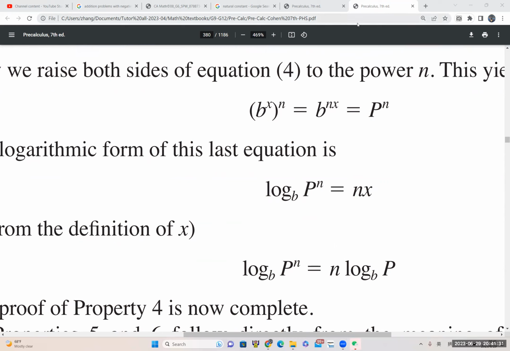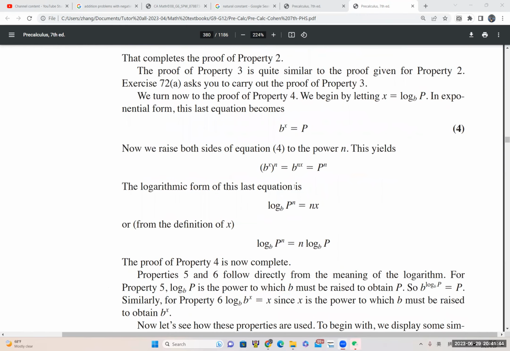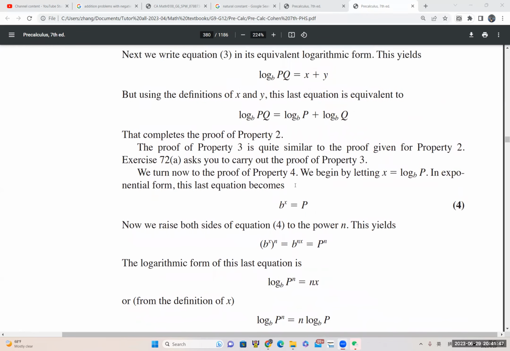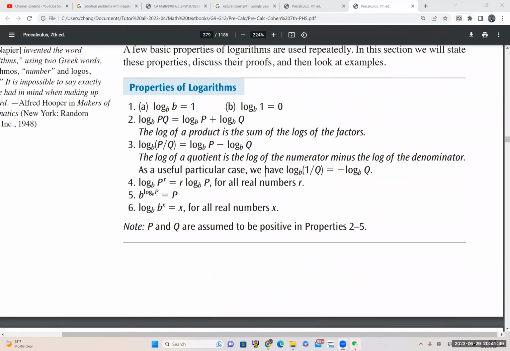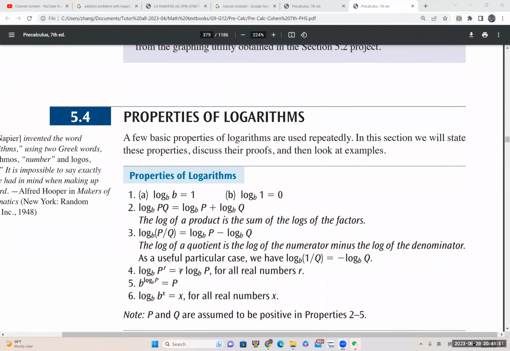Especially if n is -1, it goes negative, like minus this. If we have this property first, then it's easy to do property 3, right? Okay, for property 5.